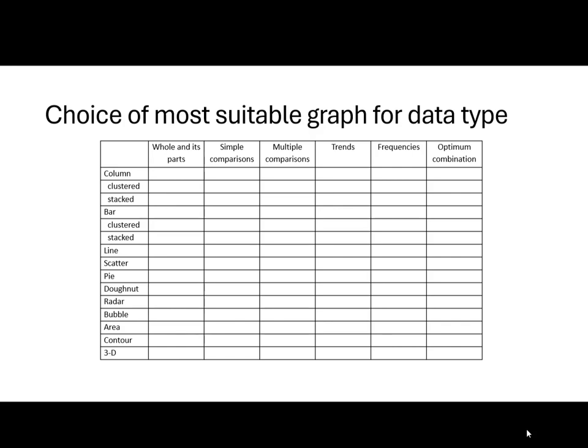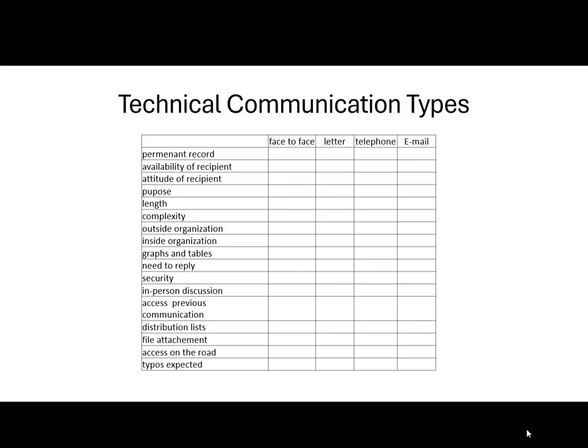For example, some types of data is whole on each part, simple comparison, multiple comparison, and some of the graphs in Excel are clustered column, stacked column, clustered bar, stacked bar, line, scatter, pie, and so on. Another example is technical communication type.